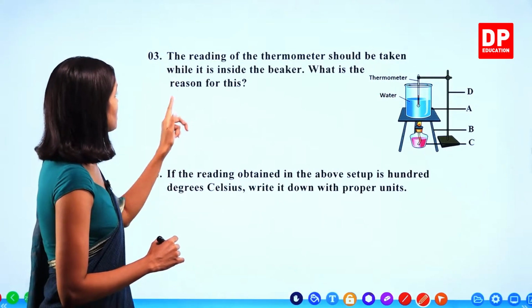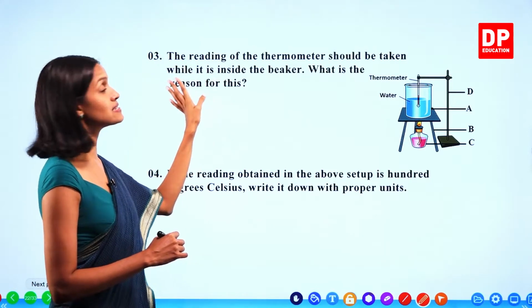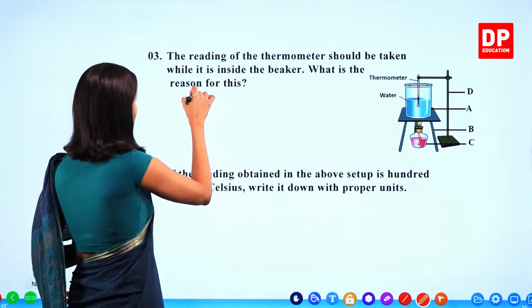Let's write. The reading of the thermometer should be taken while it is inside the beaker. What is the reason? Let's write.